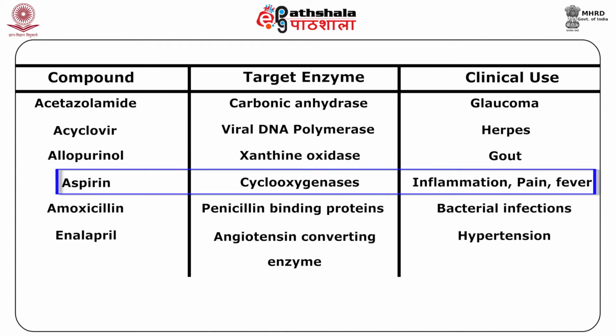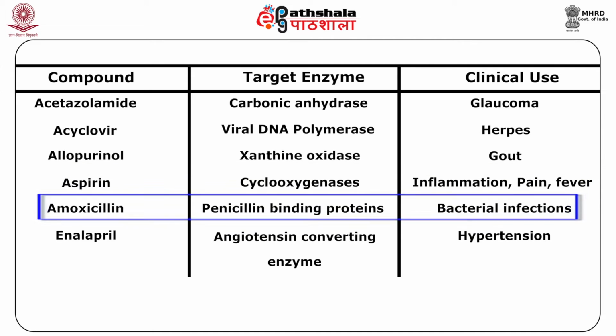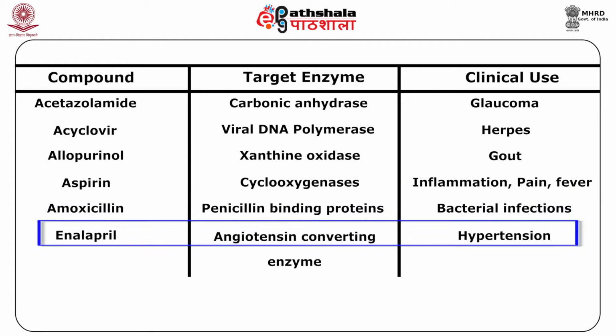Aspirin, on the other hand, inhibits cyclooxygenases and treats diseases like inflammation, pain, fever, etc. Amoxicillin inhibits the enzymes which are penicillin binding proteins and is used to treat a plethora of bacterial infections. Enalapril inhibits angiotensin converting enzyme and reduces hypertension.